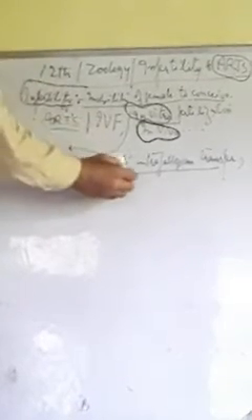Here, zygote is transferred in the fallopian tube, or zygote can be transferred in the uterus if it is beyond 8 cell stage.